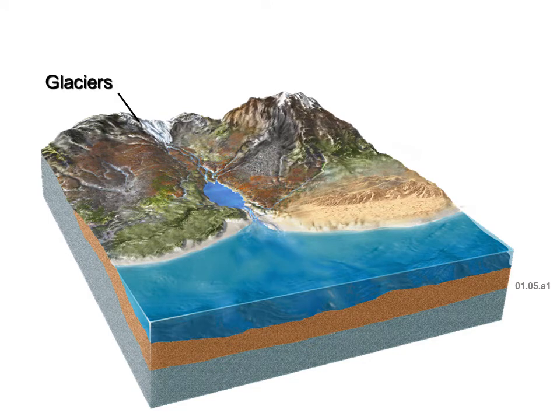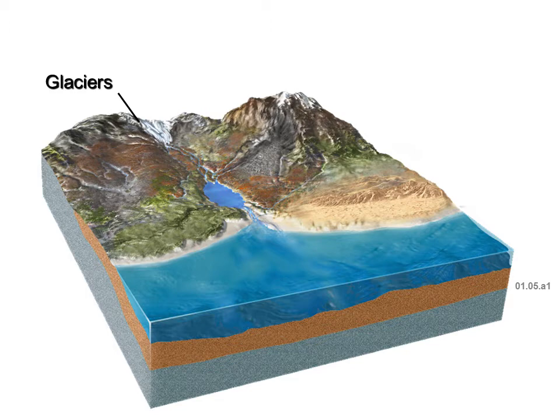All right. So glaciers. We're finding these up high in the mountains where things are nice and cold. Glaciers carry all sizes and shapes of material, including large boulders. And often glaciers will move like a big frozen river of ice.